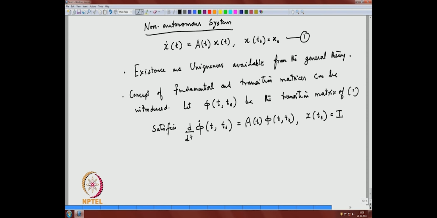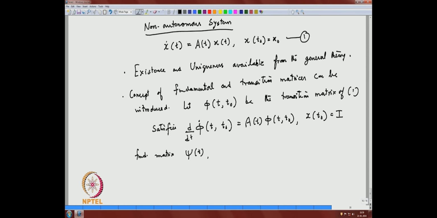This can be introduced, and you can also introduce the fundamental matrix psi. What does it mean? This is a matrix psi t which satisfies the differential equation, and you have the same formula.